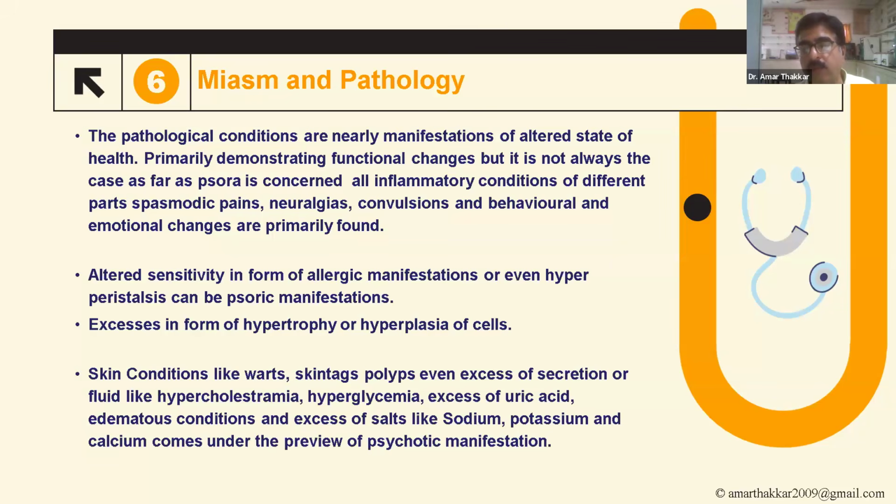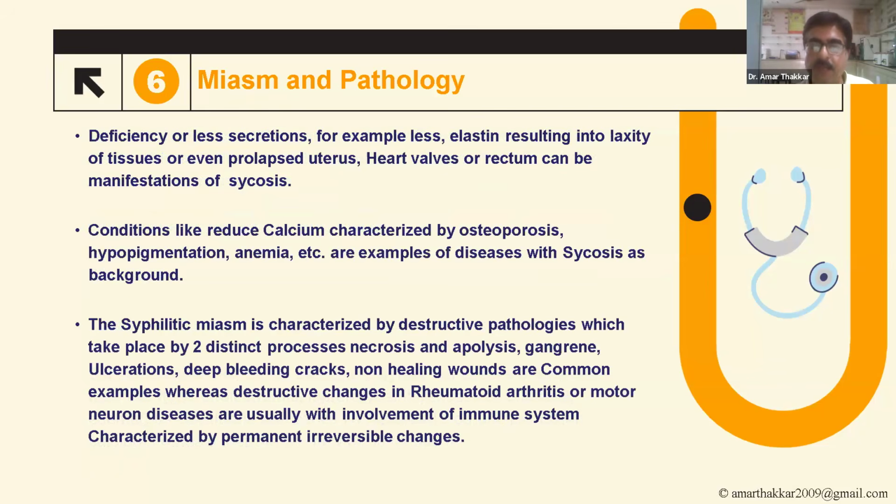Excess of salts like sodium, potassium, and calcium, and many other biochemical substances and minerals within the body come under the purview of sycotic manifestation. Just like excesses, deficiencies also come under sycosis. Reduced calcium deposition, or manifestations of hypopigmentation and anemia, are all manifestations of sycosis.